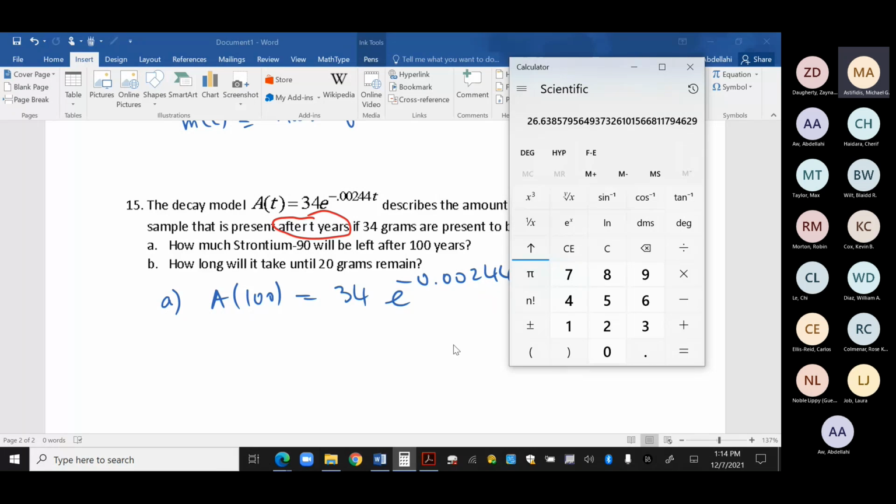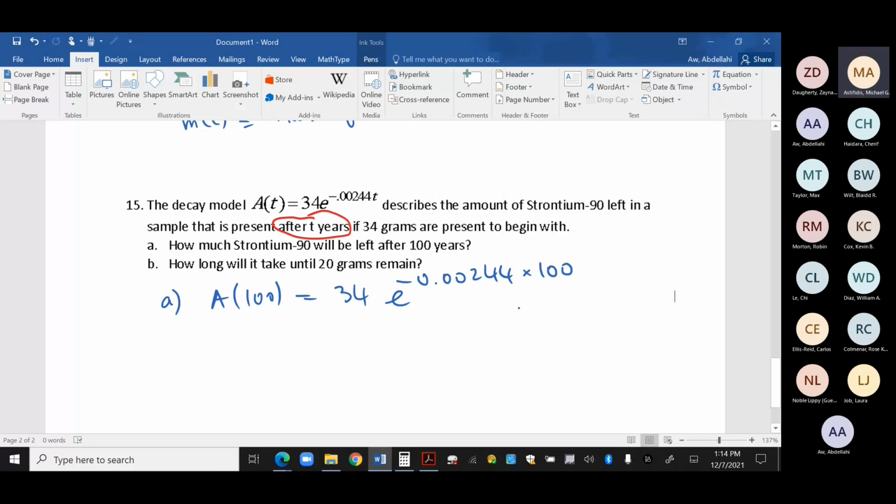So after 100 years, we have 26.7 grams left.